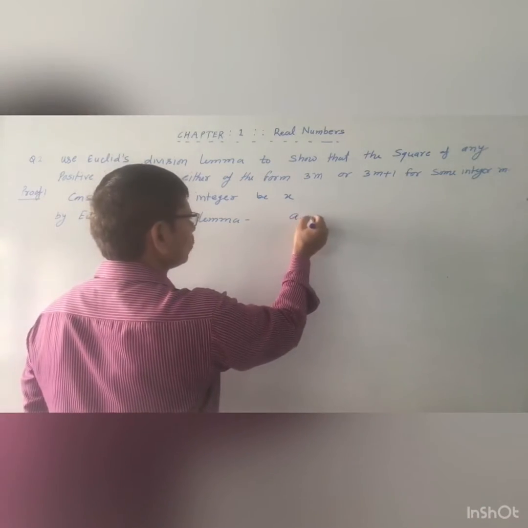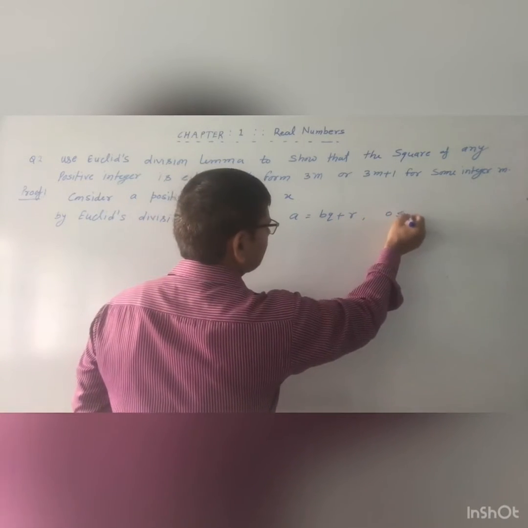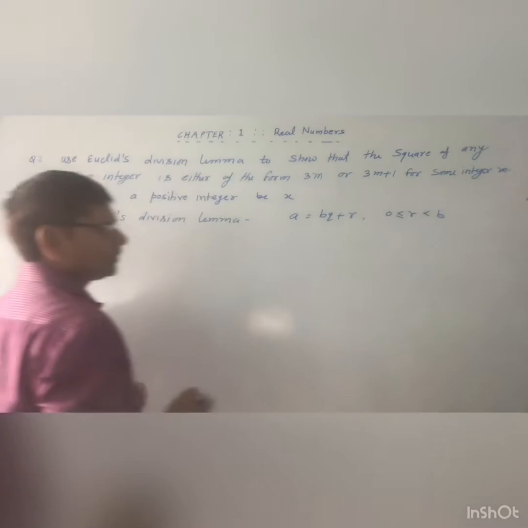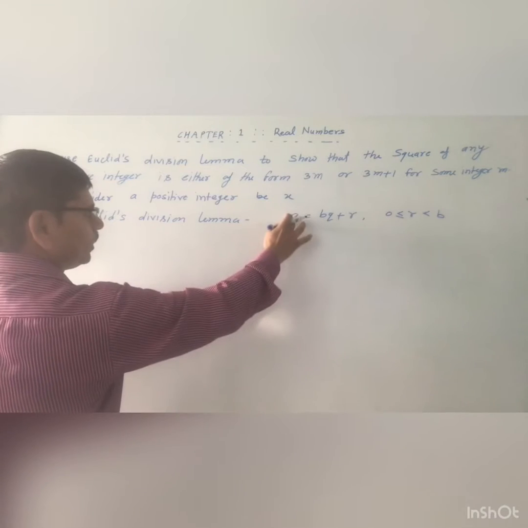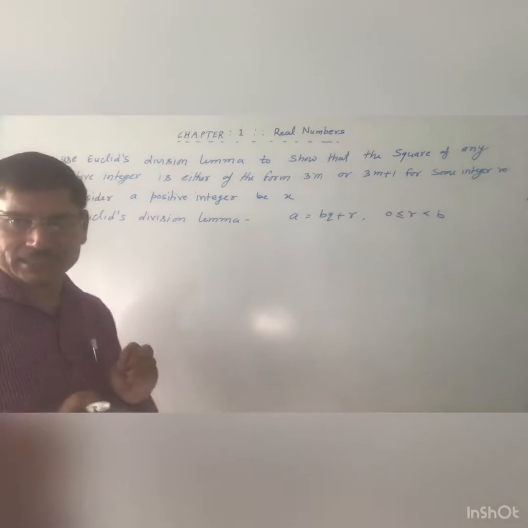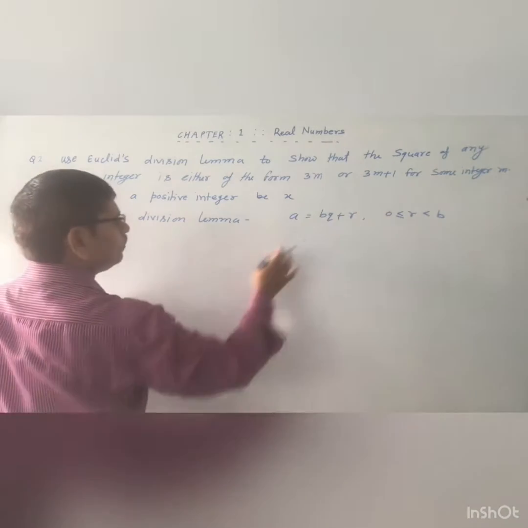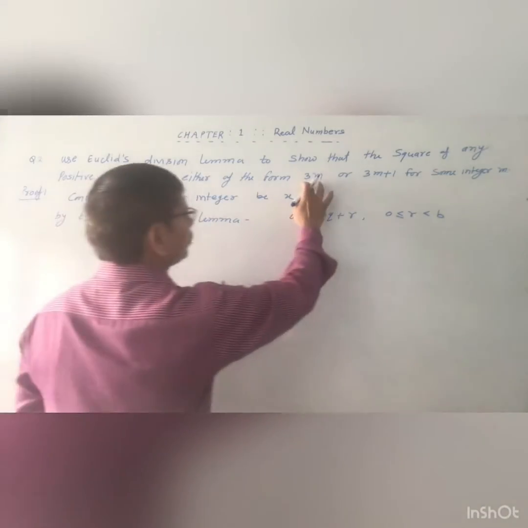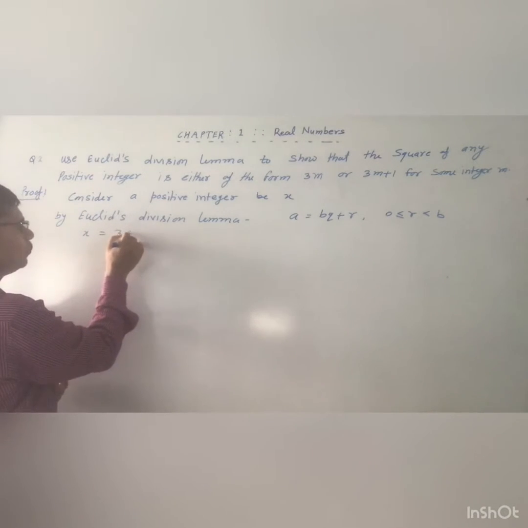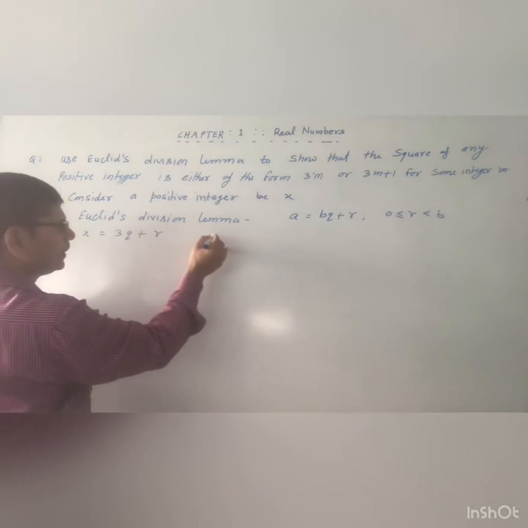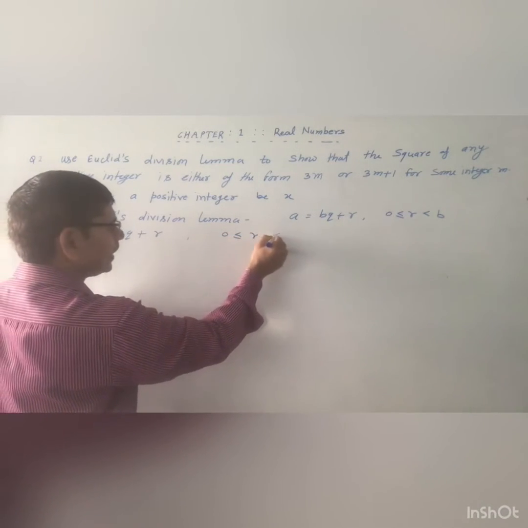That is a equal to bq plus r, where 0 is less than or equal to r less than b. So here you have to take a positive integer x, so you will put x in the place of a. So you will get x equal to 3q plus r, and the condition is 0 less than or equal to r less than b.